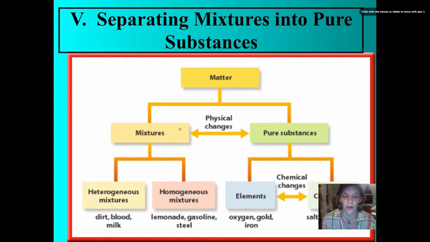So if you want to go from a mixture to a pure substance, you can do a physical change, separating them out. The only way to go from a compound to an element or vice versa is with a chemical change, because remember that involves bonds.